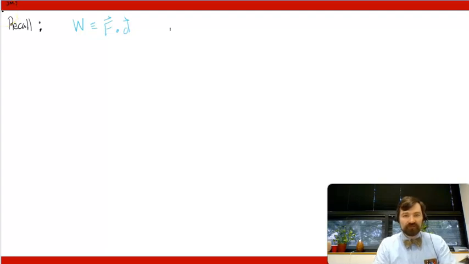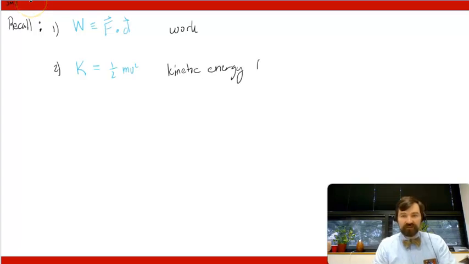Second, we have kinetic energy, which we could write with a capital K, and that is 1/2 mv squared. This is kinetic energy, specifically translational kinetic energy. There is also a rotational kinetic energy that we will discuss later.